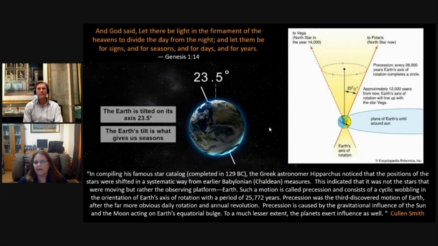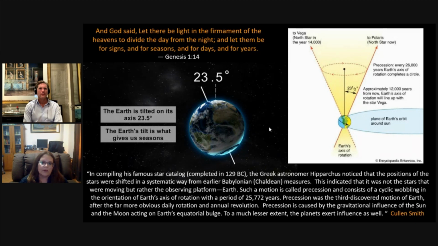And Colin Smith says this might help you to understand a little more. In compiling his famous star catalog, completed in 129 BC, the Greek astronomer Hipparchus noticed that the positions of the stars were shifted in a systematic way from earlier Babylonian or Chaldean measures. This indicated that it was not the stars that were moving, but rather the observing platform, Earth.